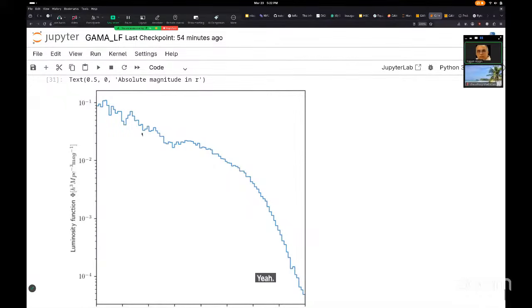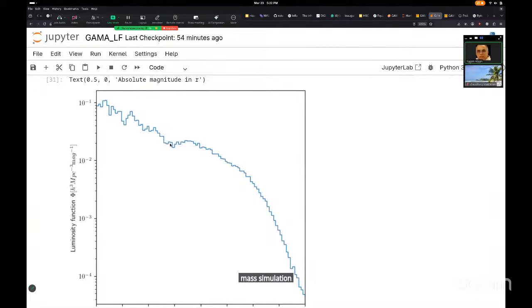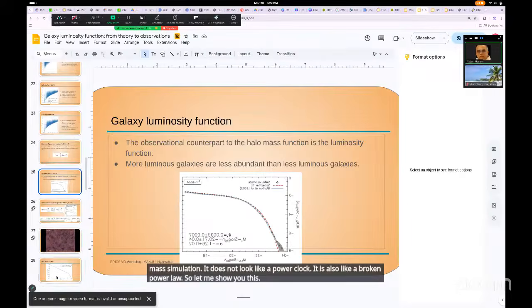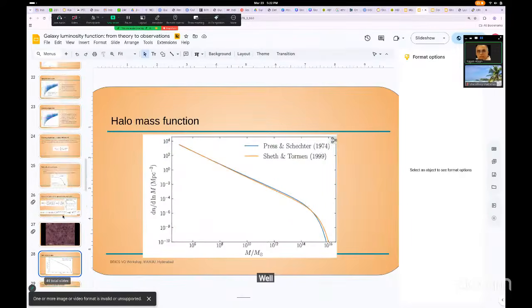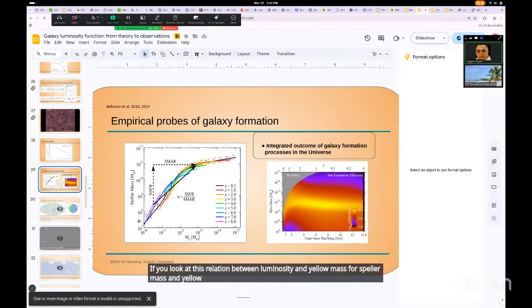Yeah, so this is an interesting phenomenon that the slope changes. And this has to do with the fact that the luminosity to mass relation does not look like a power law. It is also like a broken power law. So let me show you this. So here, if you look at this relation between luminosity and halo mass or stellar mass and halo mass, you will see that it is not a single power law, it is a broken power law.